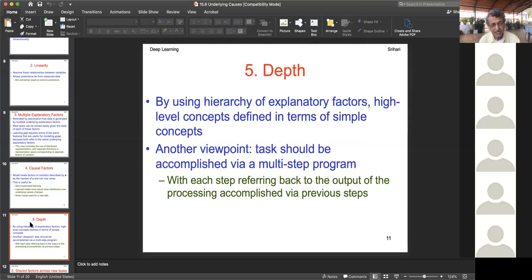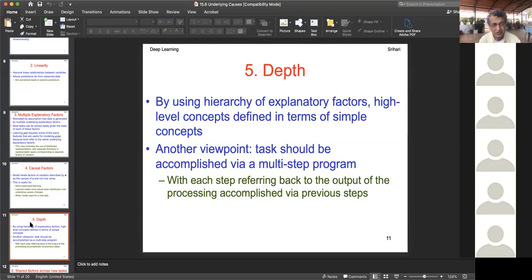Which is better? Well, if they're getting the right answer, they're both equivalent. But the second one is a deeper model, goes one after the other. And there are certain advantages we have talked about. The deeper model can tolerate a higher degree of complexity. So we're saying a multi-step program is better than a single-step program to solve a problem.